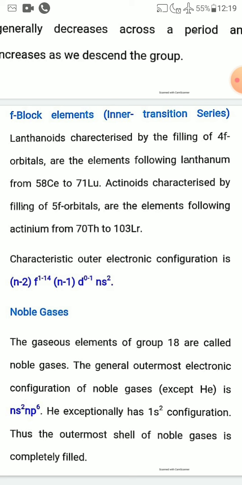These are group 18 elements, and the general outermost electronic configuration of noble gases except helium is ns2 np6. For helium it is 1s2, but except helium, the general electronic configuration of all noble gases is ns2 np6. Helium exceptionally has 1s2 electronic configuration, and thus the outermost shell of noble gases is completely filled.